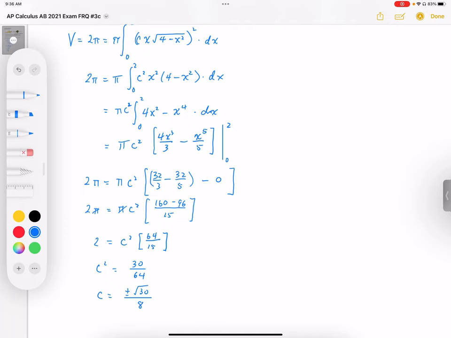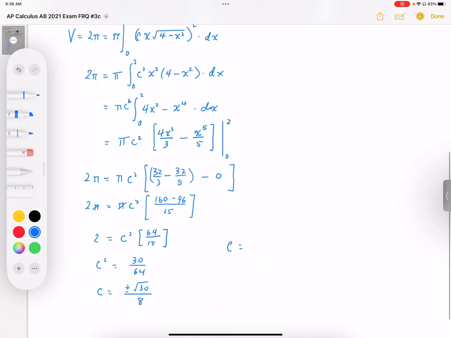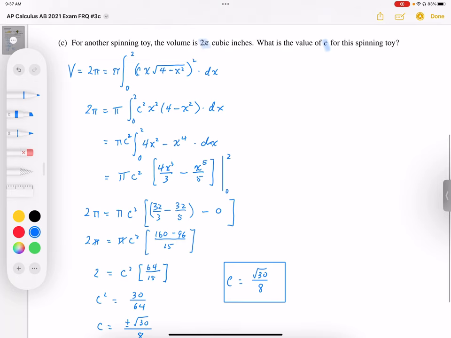Okay, so we know that c has to be positive, so the c value for this problem is c equal to square root 30 over 8. And that c value will give us the volume of 2 pi, which was given in the original problem.